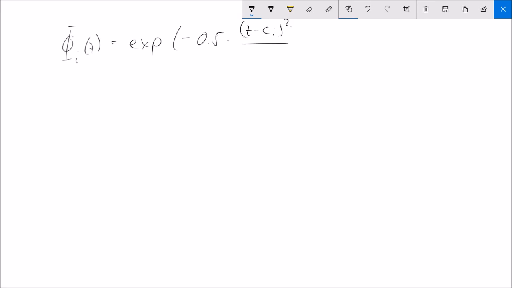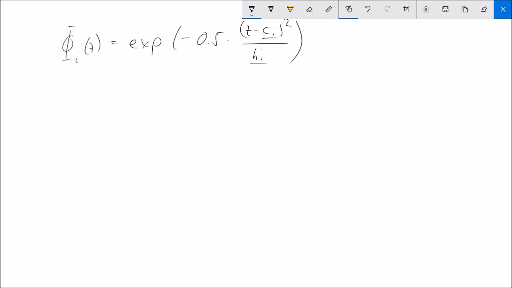And now I want to give you an idea about how these parameters c_i and h_i define the given radial basis function.